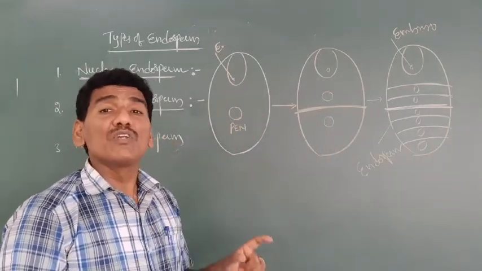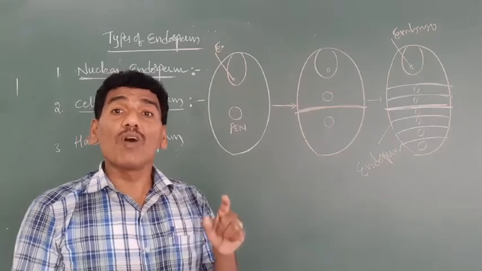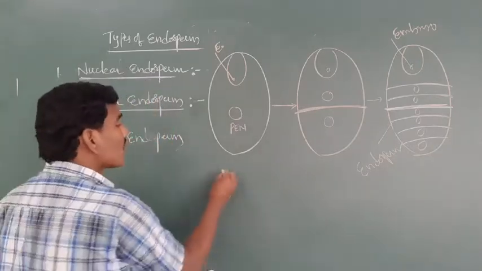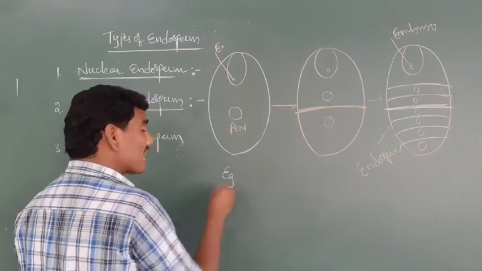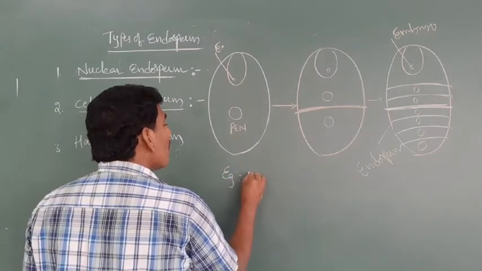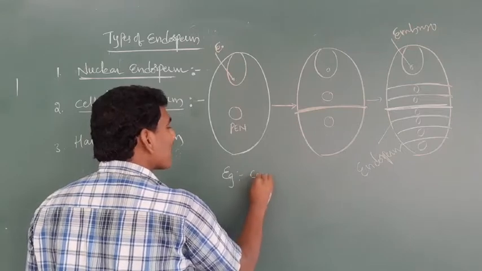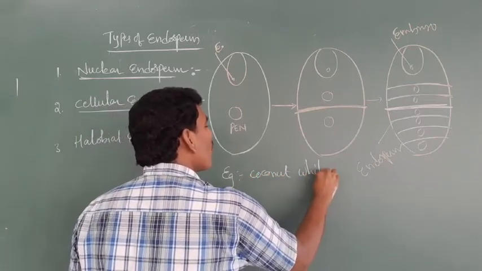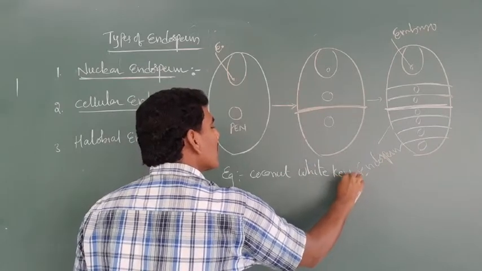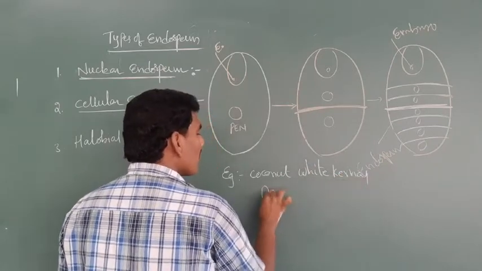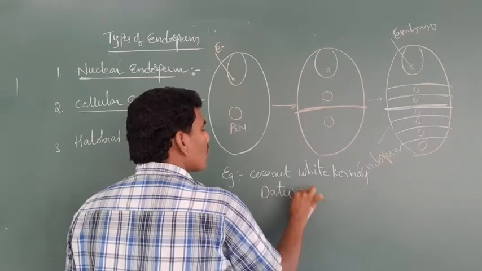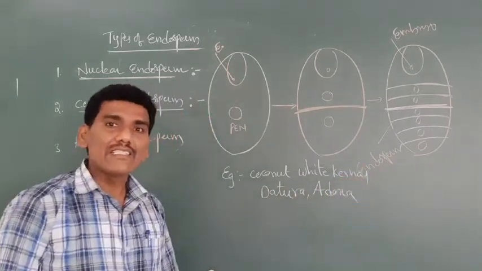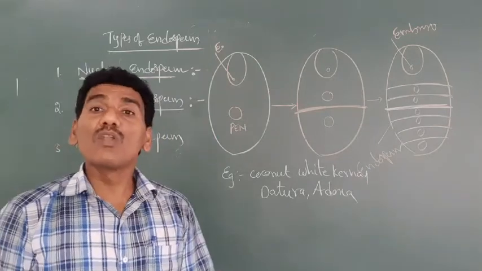A free nuclear endosperm example is coconut water, the white and tender coconut. A cellular endosperm example is also the coconut white kernel, and Datura, Adoxa. These are examples of cellular endosperm.